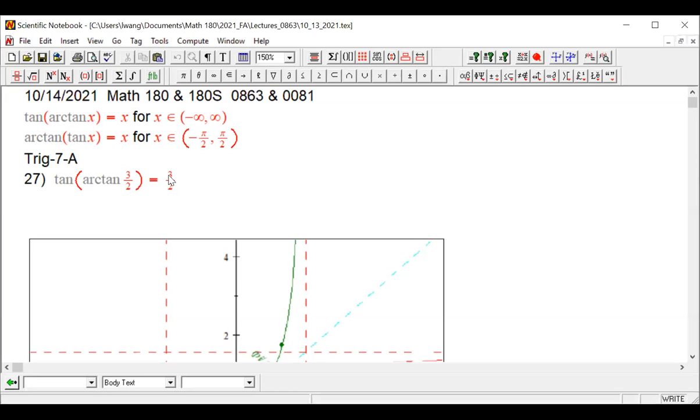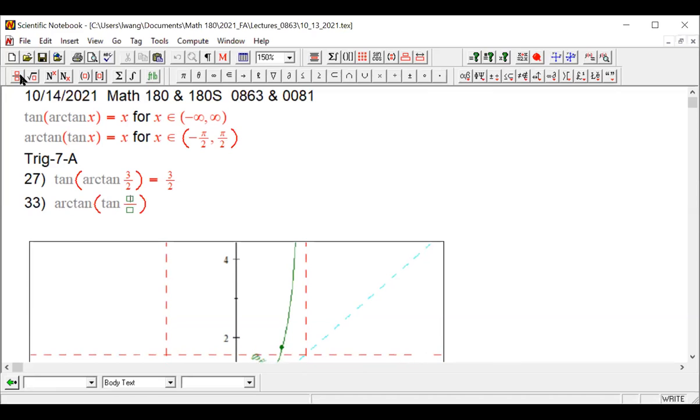So let's look at, say, number 33. Number 33, we have arctan of tan of 2 pi over 3. How do we work that?